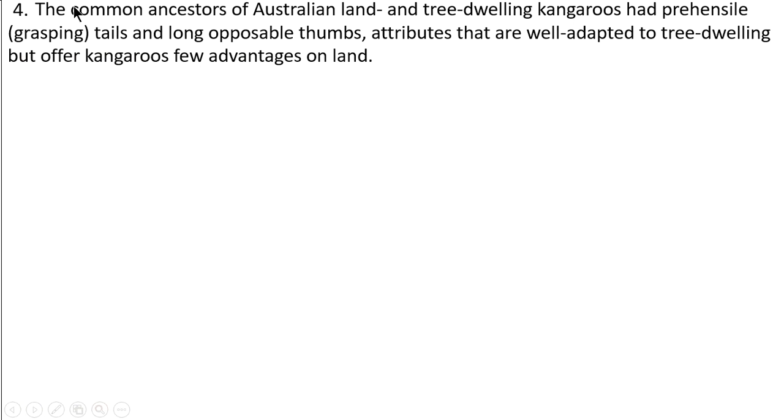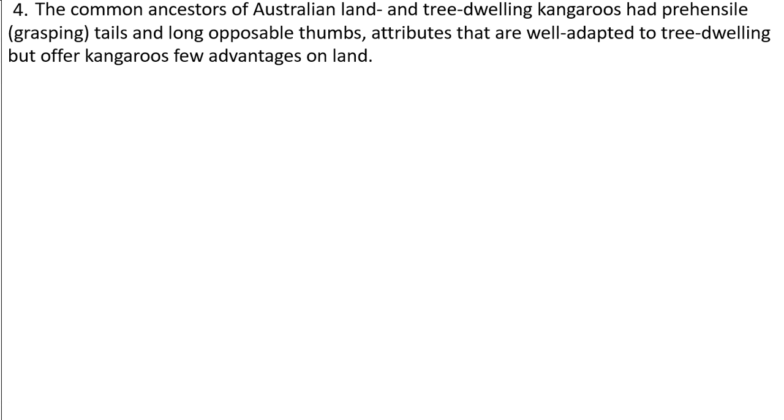Coming to our fourth question: the common ancestors of Australian land and tree-dwelling kangaroos had prehensile tails and long opposable thumbs, attributes that are well adapted to tree dwelling but offer kangaroos few advantages on land.